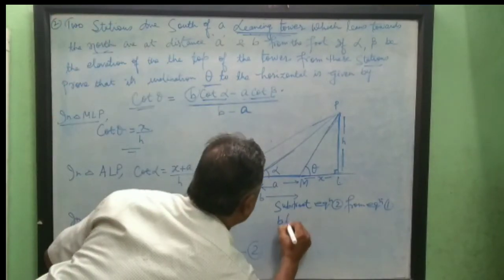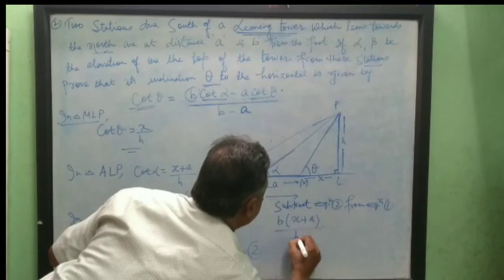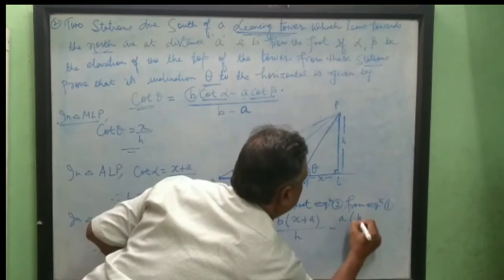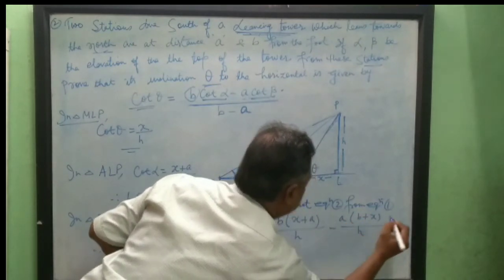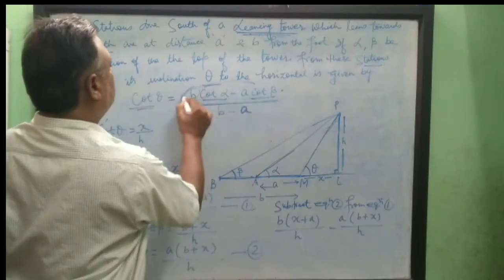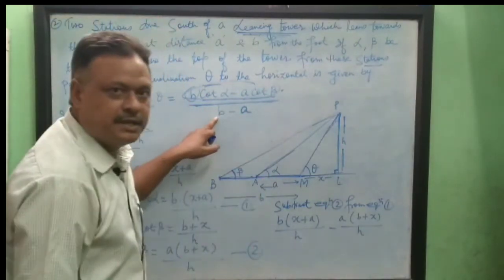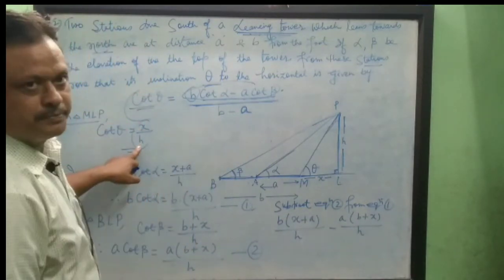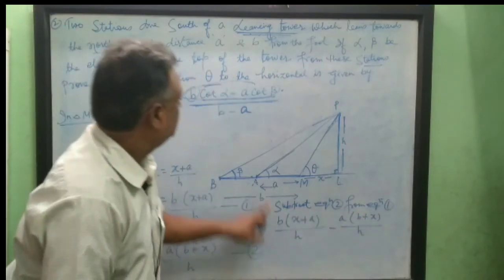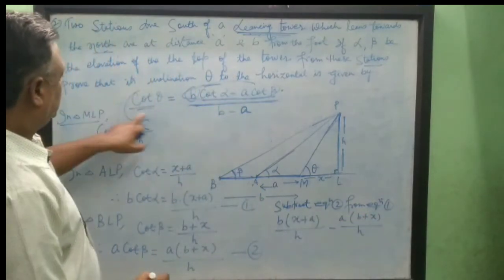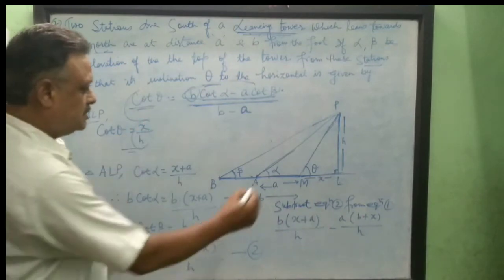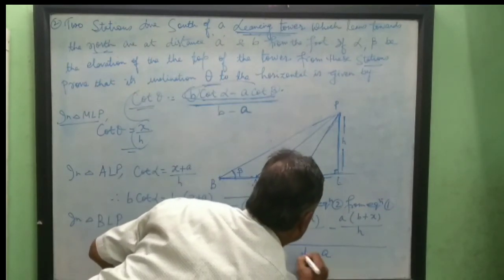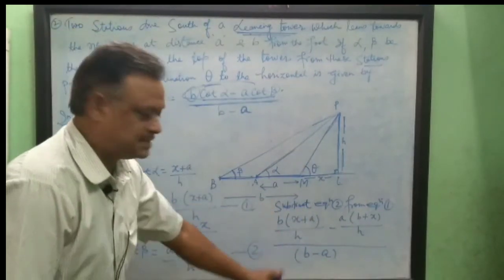So it is b into x plus a divided by h minus a into b plus x divided by h, and this whole part divided by b minus a. So this should give x by h. If we divide this by b minus a, this should give cot theta, which is x by h. So dividing this whole part by b minus a, and simplify this.